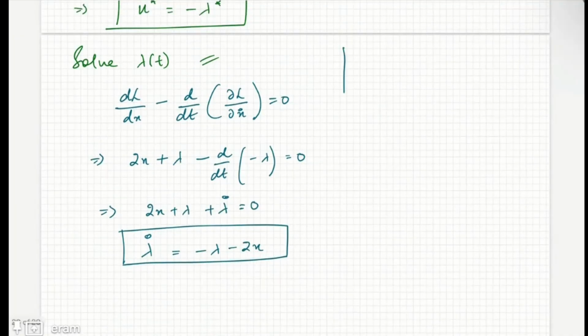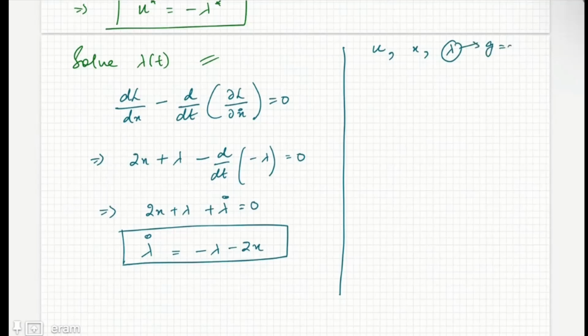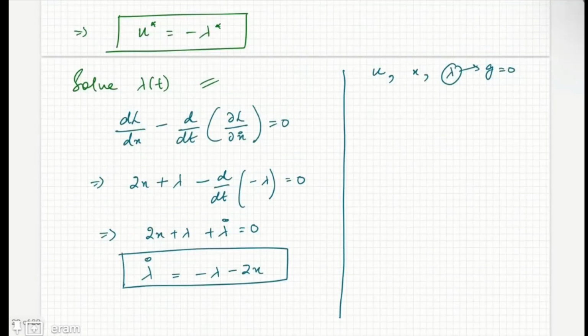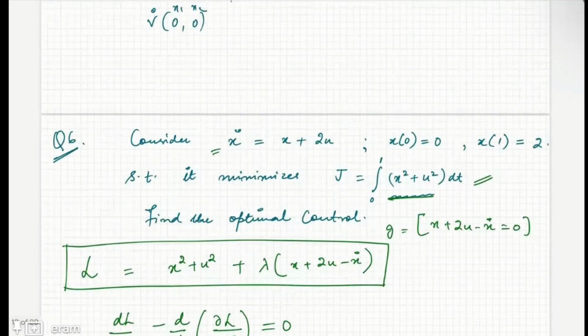So we have evaluated the Euler equation with respect to u and with respect to x, and we know that with respect to lambda it gives nothing but g equals 0, which means our dynamical system.